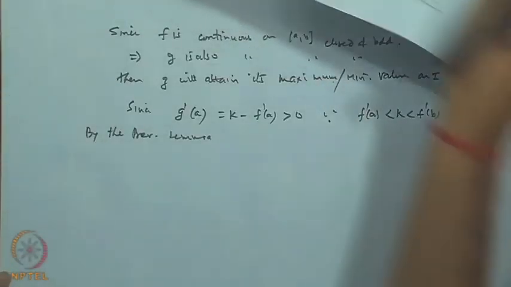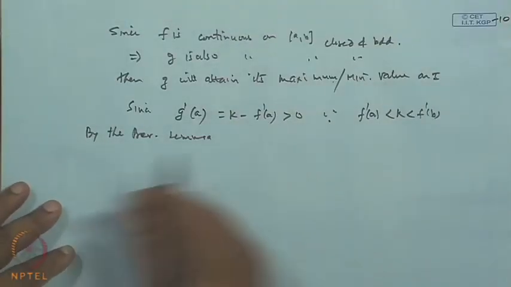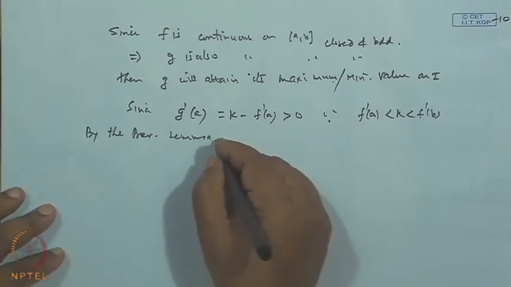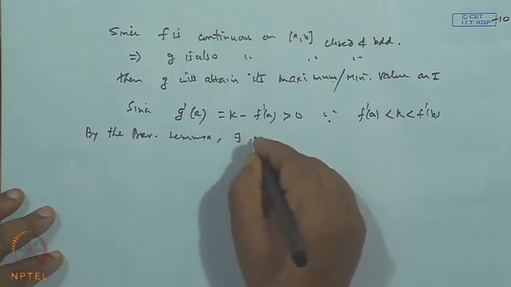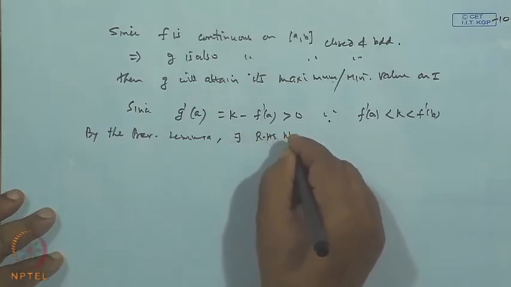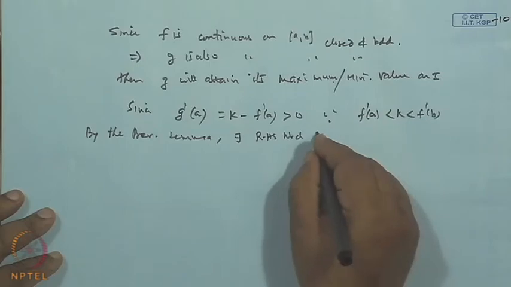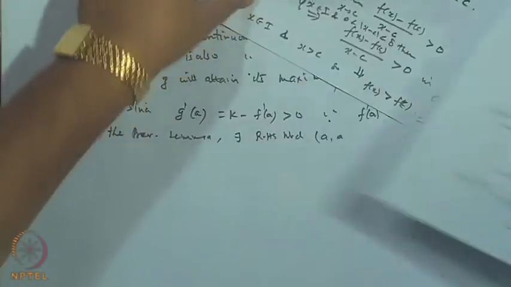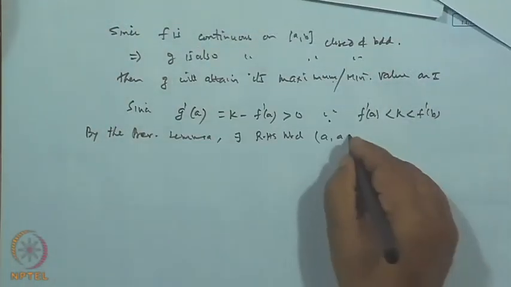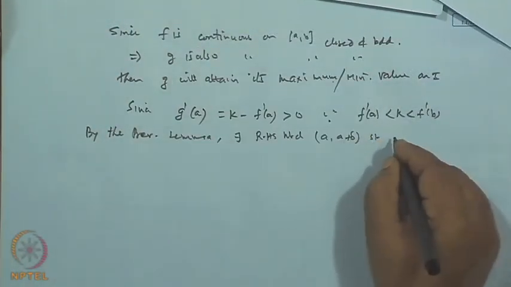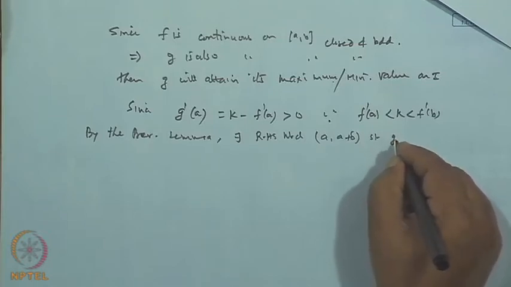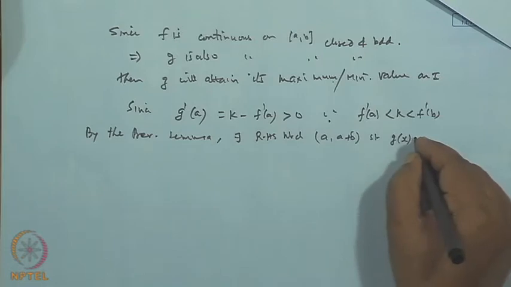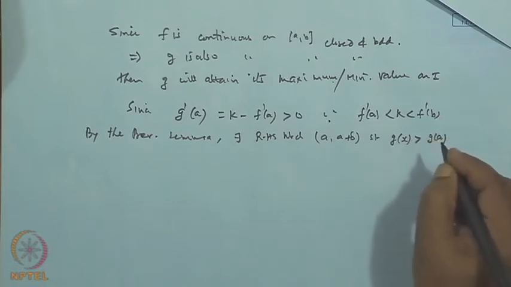So, from the previous lemma, there exists a right-hand side neighborhood, a to a plus delta, such that the functional value g of x is greater than g of a.